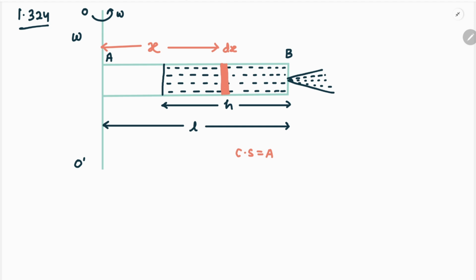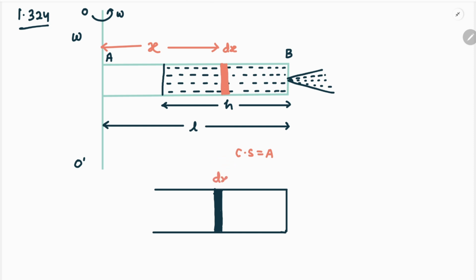So the first thing that we write is that the elemental mass that we have selected has mass rho A dx. If I draw the FBD of this particular patch, then this dx thickness has a pressure variation around it.